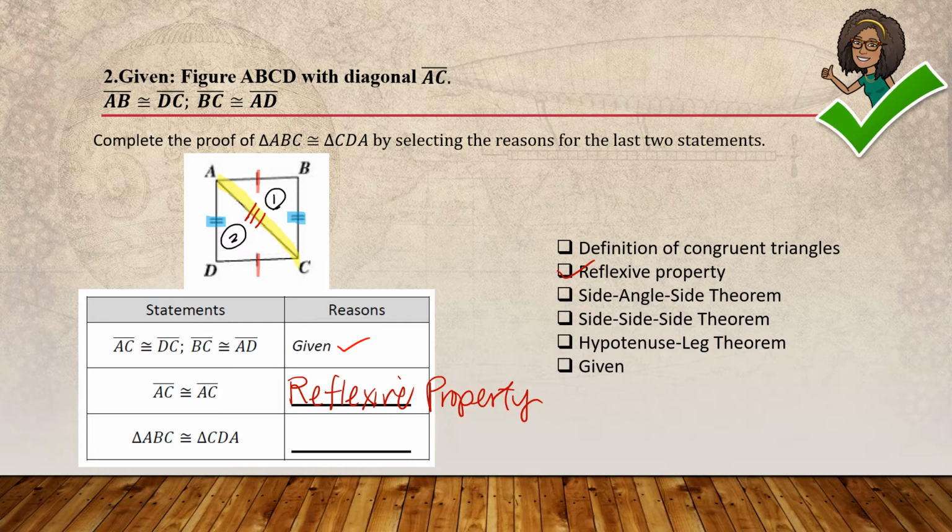Well, I can see that I have 3 sides in triangle ABC, AB, BC, and AC, corresponding and congruent to 3 sides of triangle CDA, AD, CD, and AC. So if I have 3 sides of one triangle corresponding and congruent to 3 sides of another, we can automatically say that this is the side-side-side triangle congruency theorem.